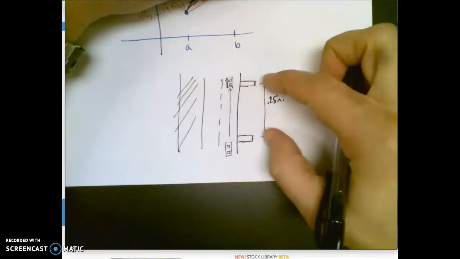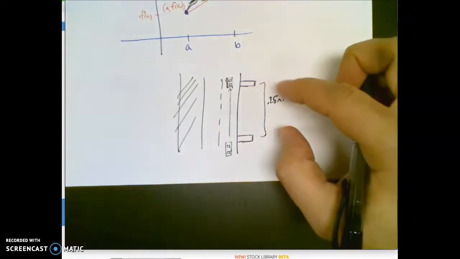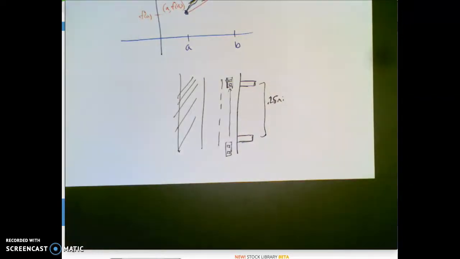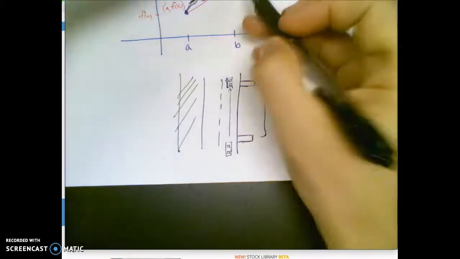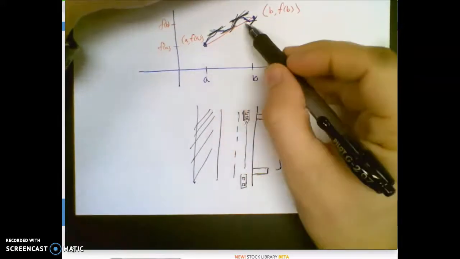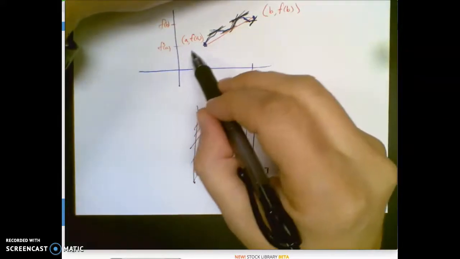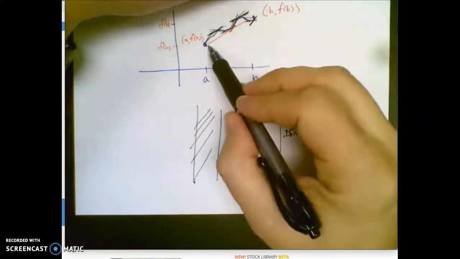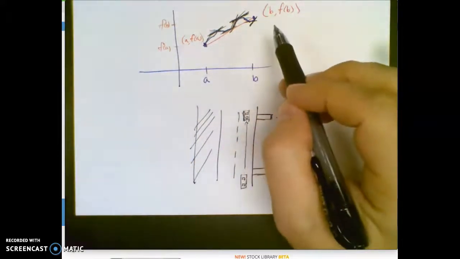So they'd say, okay, if it took you 10 seconds to travel a 1/4 mile, I know you're speeding because that's an average of 70 miles per hour. And if I know you averaged 75 miles per hour, then there's at least one place on there, if the mean value theorem is true, that your instantaneous speed was 75 miles per hour.